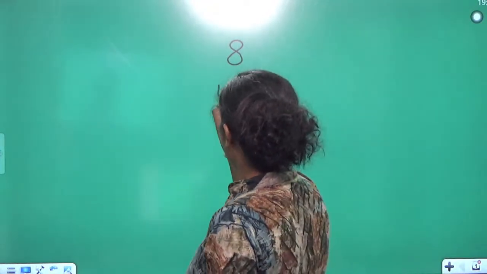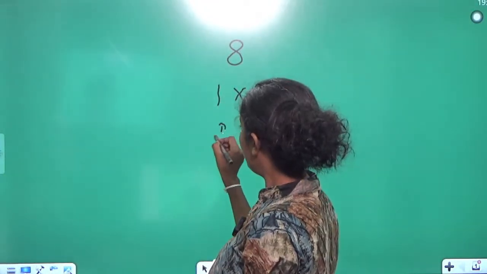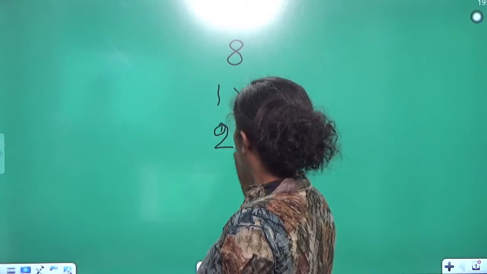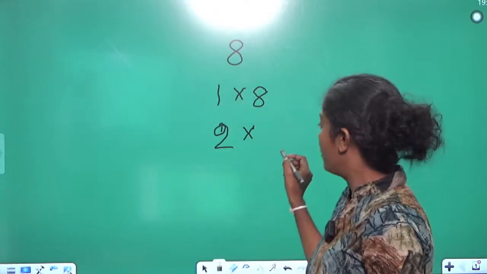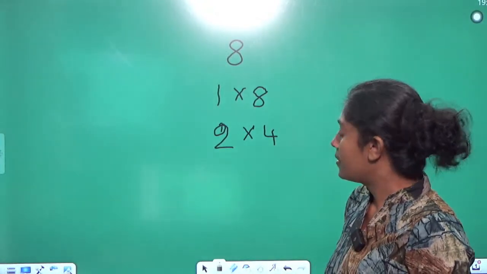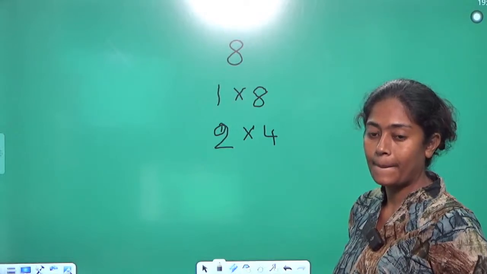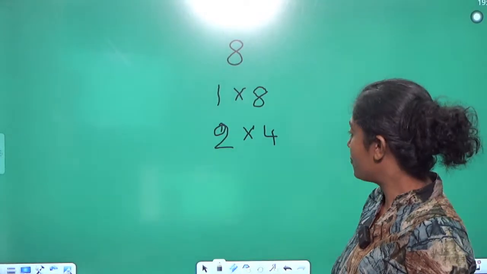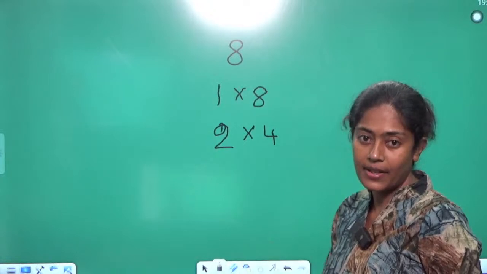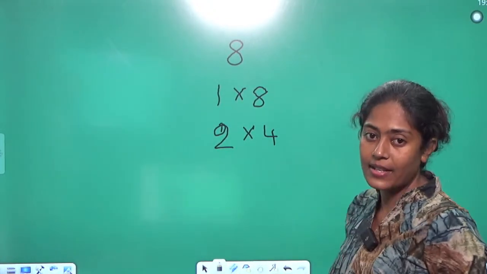Here 1 into 8, then 2 into 4. 4 into 2, again you have 2 into 4, the same thing we don't write again and again.